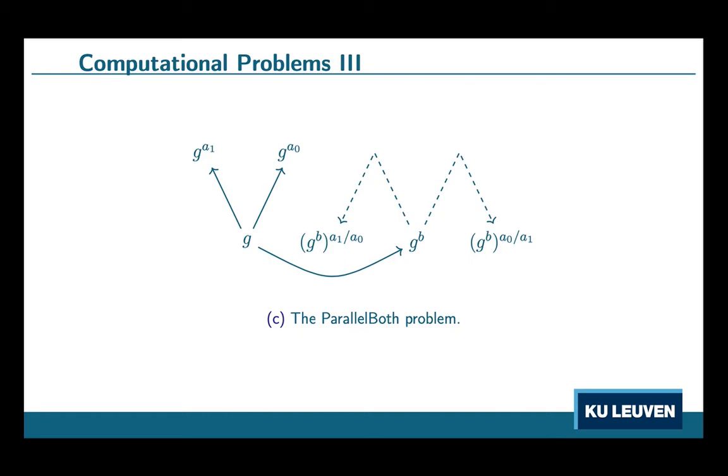So here we have a bit of a new version where we're given two elements, g to the a1 and g to the a2, and the adversary can compute either g to the power of a1 over a0, sorry, or a0 over a1. It can choose. So again, it's a bit non-standard, but because this also only uses exponentiation or inverse of exponentiations, we conjecture that this problem is similarly difficult.